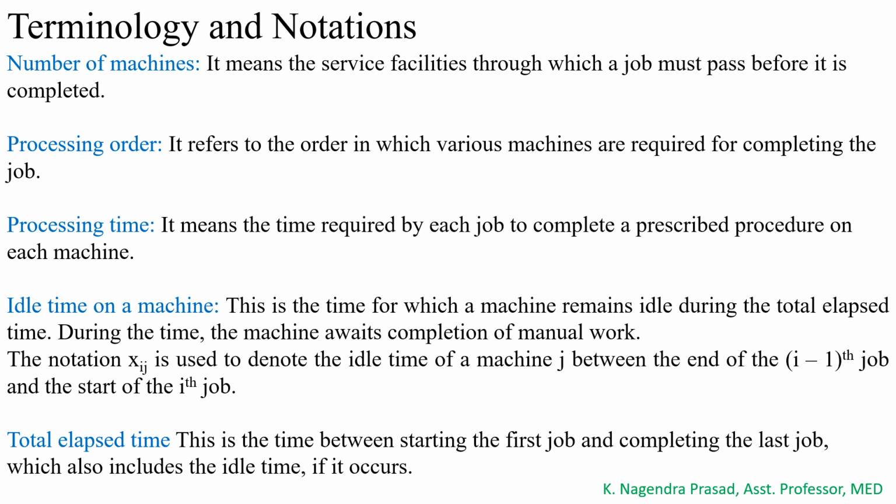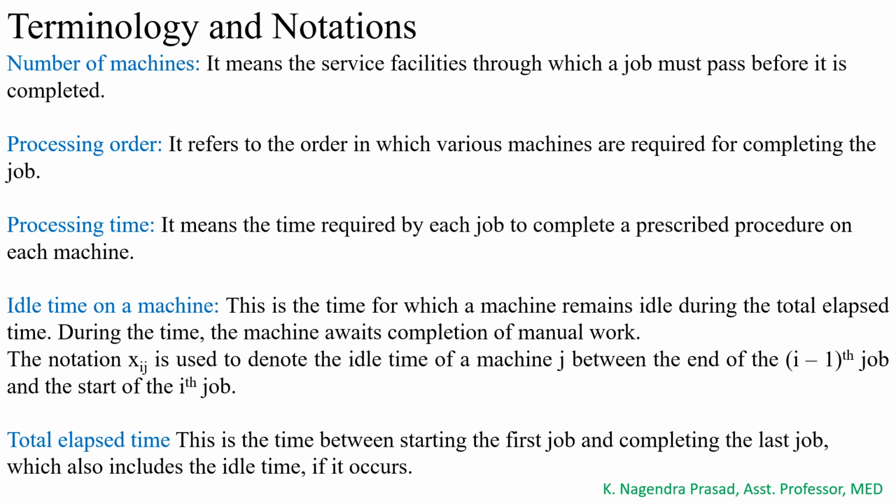And we have to see some terminology and notations used in sequencing problems. First terminology is the number of machines. It means the service facilities through which a job must pass before it is completed. Second terminology is the processing order.